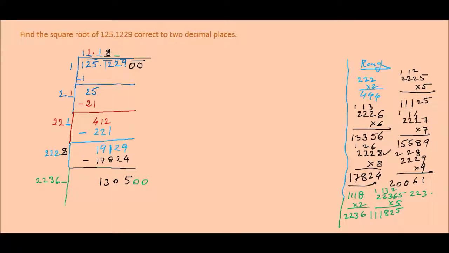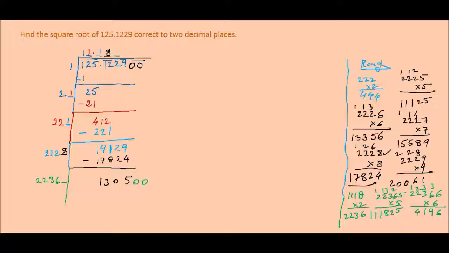2236 6. I'm not having enough space, so I have to do the calculation over here. 22366 multiplied with 6. 6 times 6 is 36. 6 times 6 is 36 plus 3 is 39. 6 times 3 is 18 plus 3 is 21. 6 times 2 is 12 plus 2 is 14.